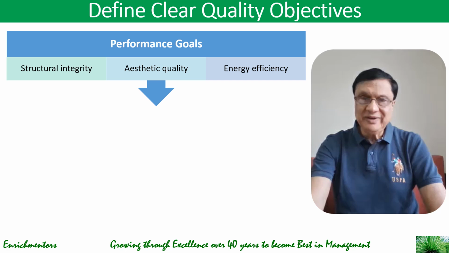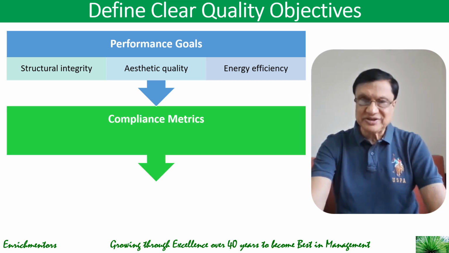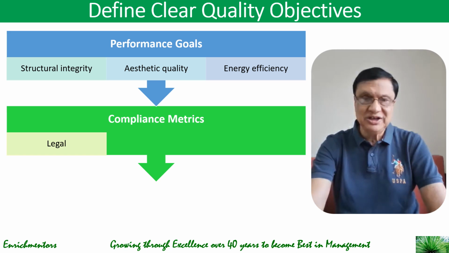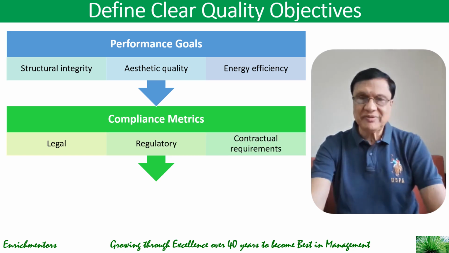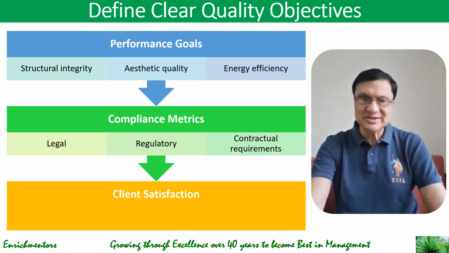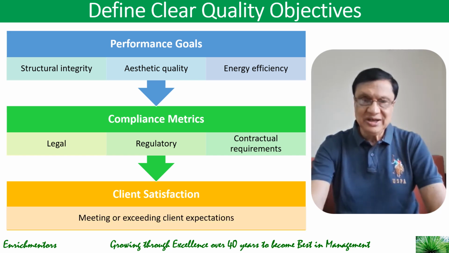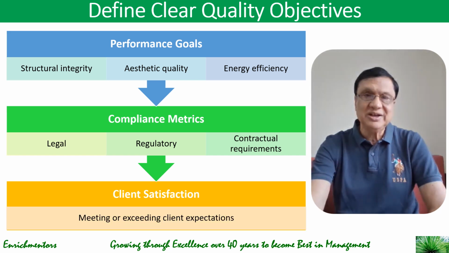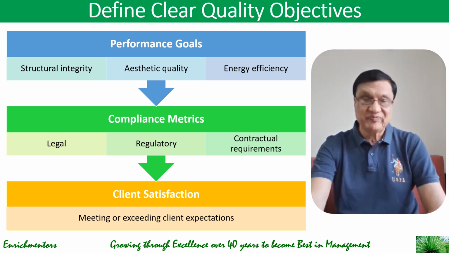Also, you need to define very clearly the compliance matrices, which I'm sure there will be, and there you need to ensure alignment with legal, regulatory, and contractual requirements. And finally, it is client satisfaction, so you need to focus on meeting or exceeding client expectations. So you very clearly define the quality objectives that your quality standards should help achieve.